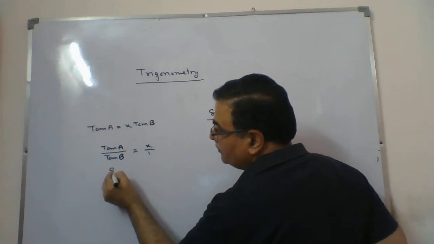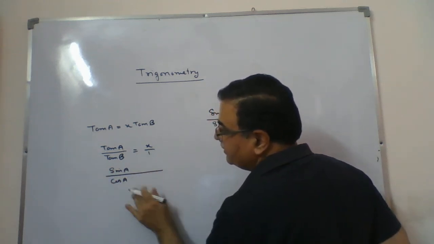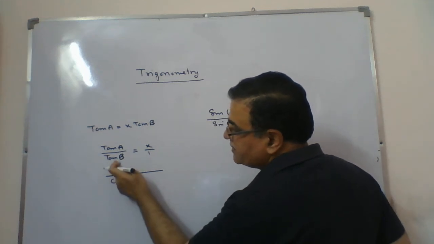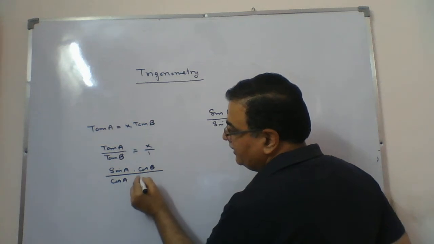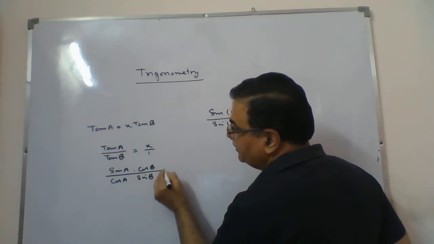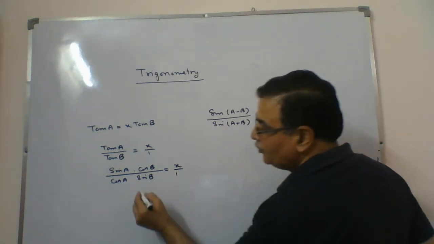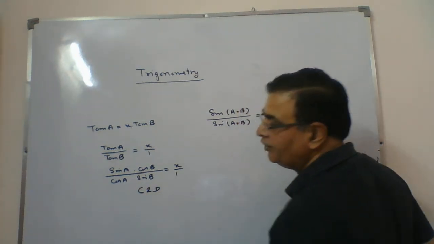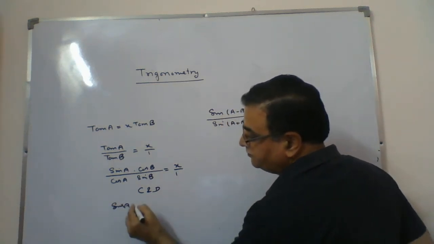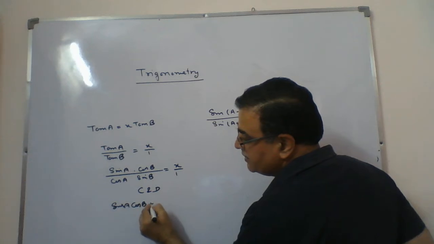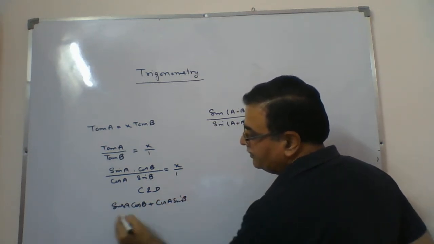Convert in sine and cos, so it will be sine a by cos a, and denominator is what? Sine b by cos b. So cos b goes up, cos b here, and there comes out to be sine b is x by 1. And now when you go for componendo and dividendo, it comes out to be sine of a cos b plus cos a sine b.